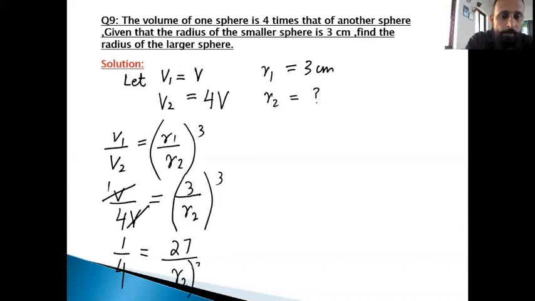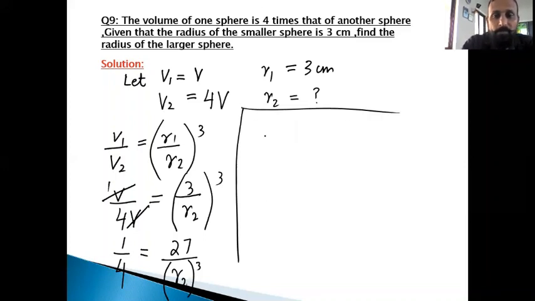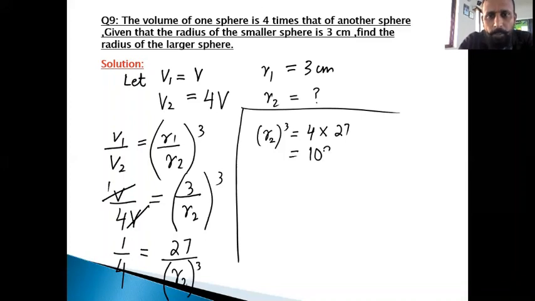Now, what is unknown? R2 is unknown. What we need to do? We need to do the cross multiplication. So I have now R2 cube equals 4 multiplied by 27, which is 108.